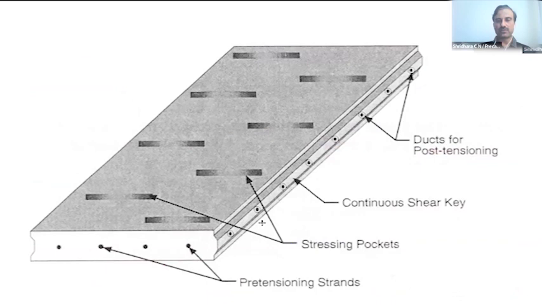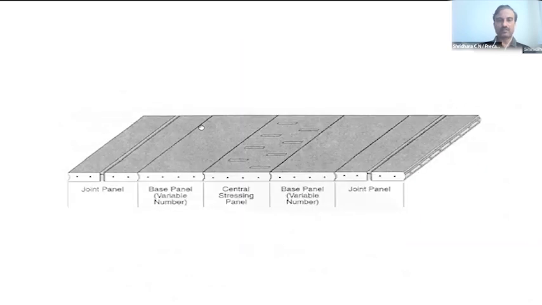They will be produced as precast prestressed slabs. You can see here prestressing strands will be there, and here also ducts will be there to connect each slab together afterwards, after erection. That can be done by post tensioning. So a number of slabs can be erected.